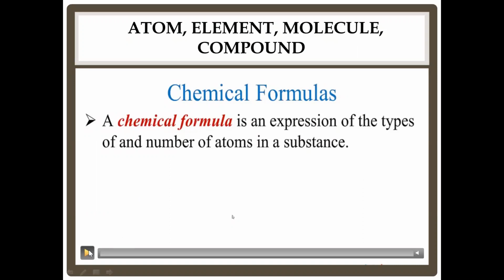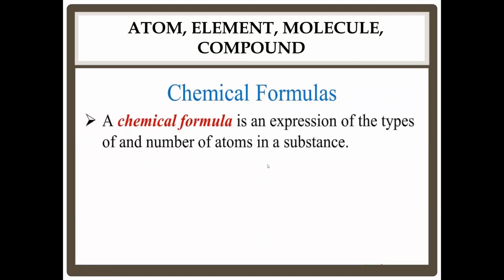Okay students, so let's start our today's topic, and again I will repeat that a chemical formula is an expression, meaning a way of writing or a way of describing the types of and the number of atoms in a substance, or in other words you can say in any formula to make that substance.